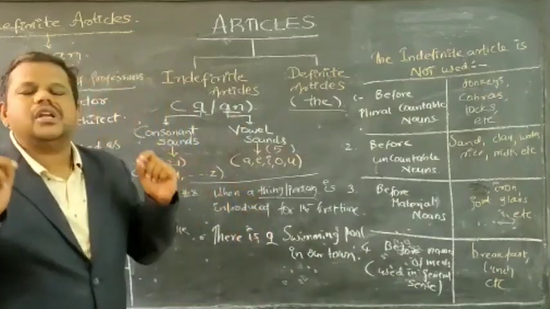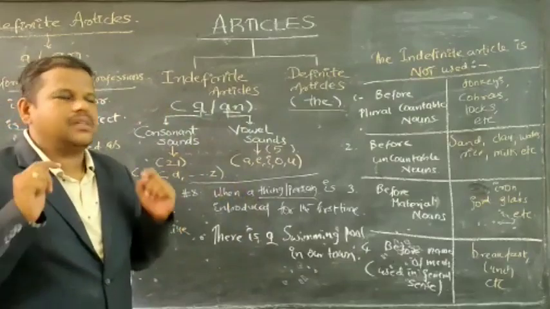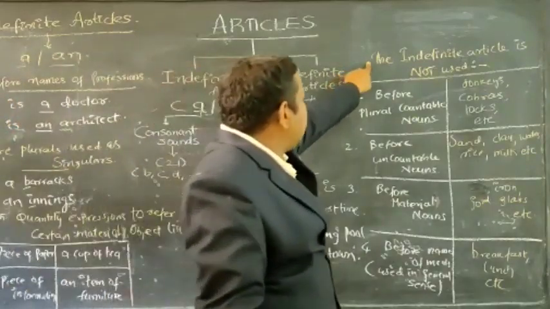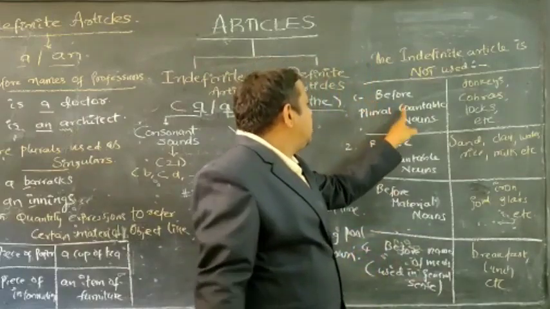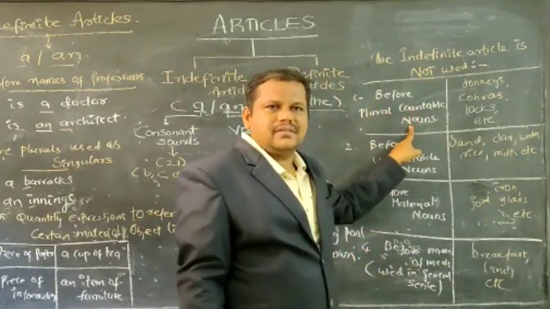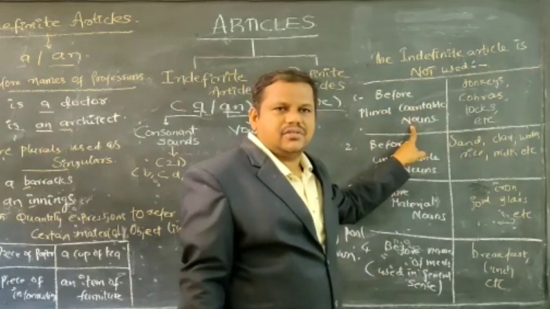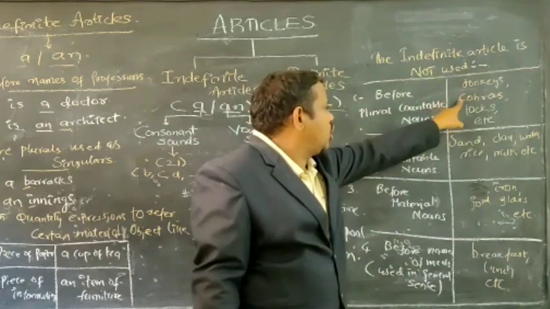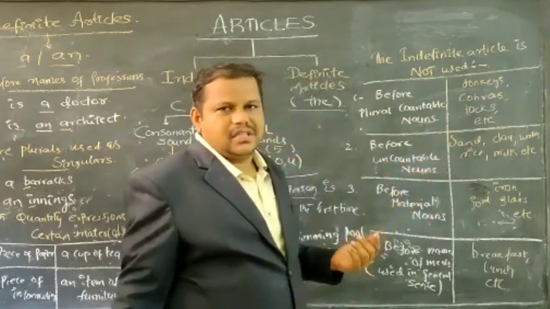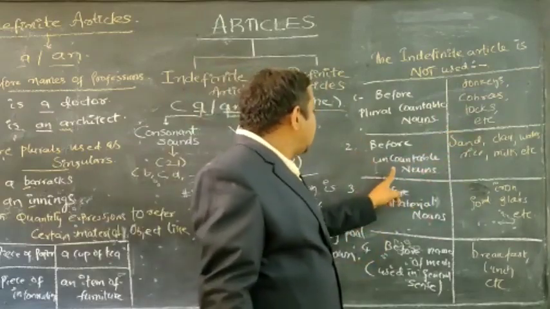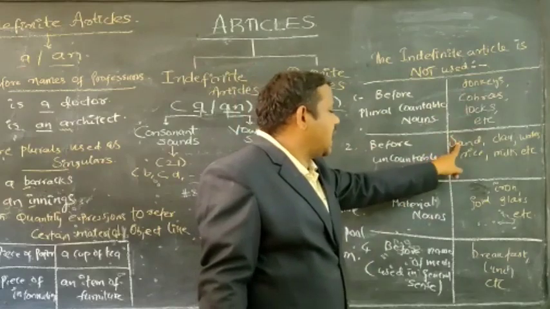So where should we not use the indefinite article? This is also very important. The indefinite article is not used before plural countable nouns, like donkeys, cobras, logs, etc. We should not use indefinite articles before uncountable nouns like sand.